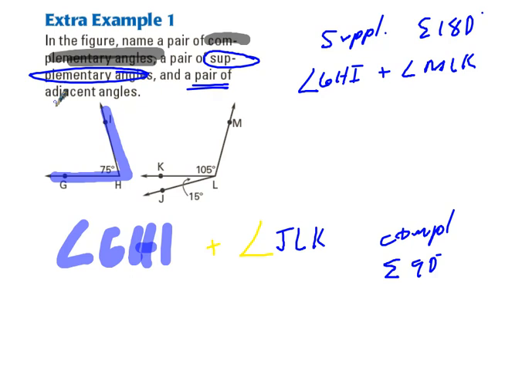Adjacent angles, pair of adjacent angles. Angles next to each other. So adjacent, next to each other. So we have angle MLK and this one's next to it, shares a side, KLJ.